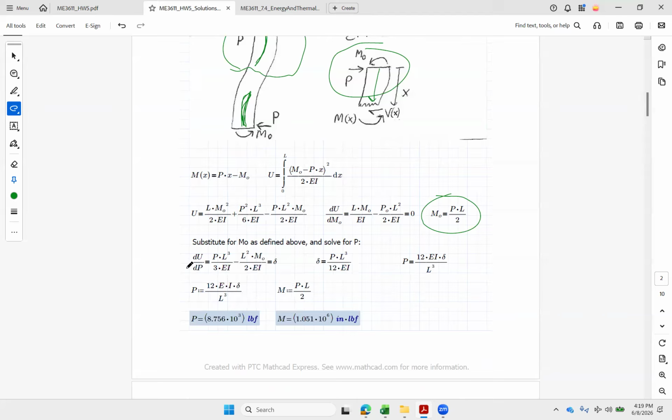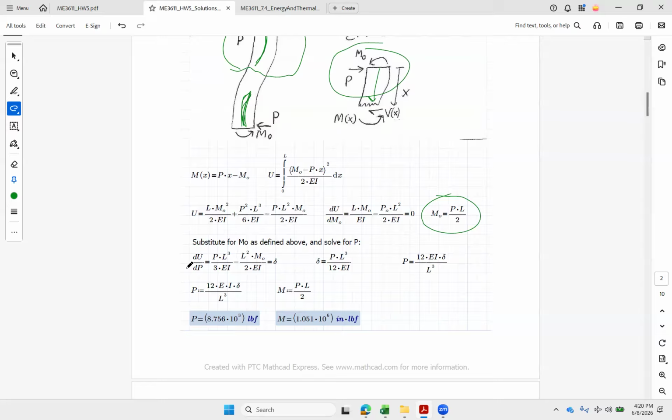So my other choice is dU dP equal to displacement delta. That's my 1/4 of an inch, right? So I can take this derivative. I get PL cubed over 3EI. There's the end load part, and M naught L squared over 2EI. That comes from the foil term in the middle. So I've got those two equal to delta.